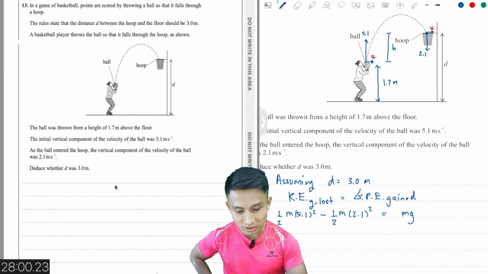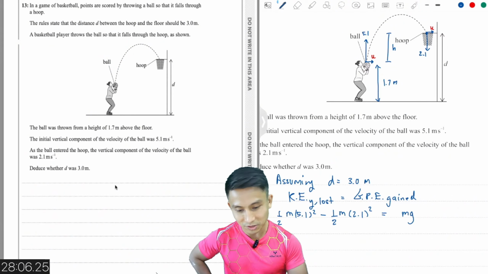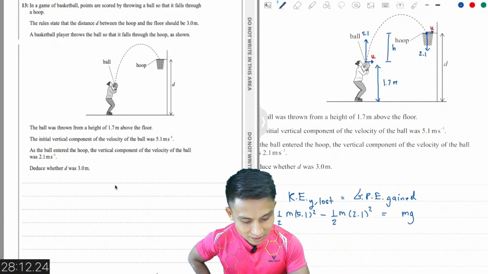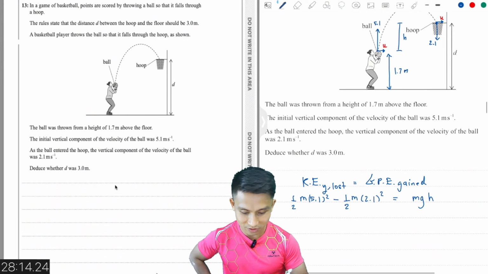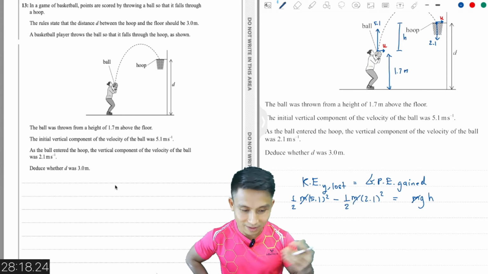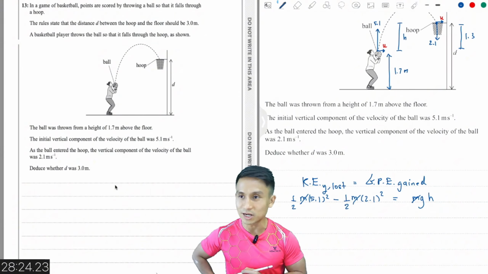Now, if we assume that d is 3.0, then we can find the change in height here. Let's find the change in height, the h, yeah? We can just solve this equation, right? So m cancels. What are we looking at? If it's true, then it should be about 1.3, right? The change in height there.